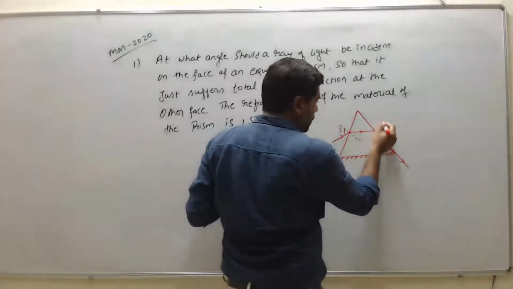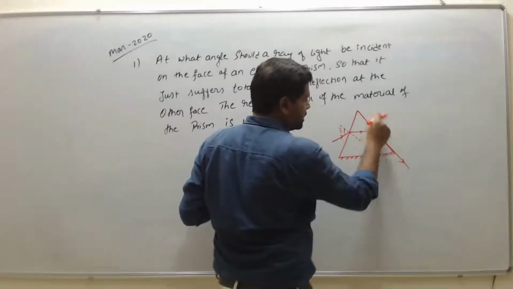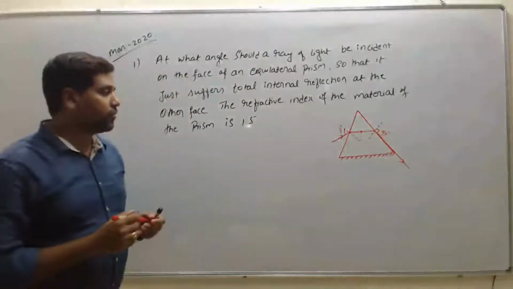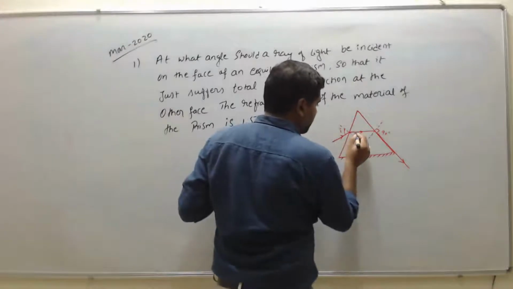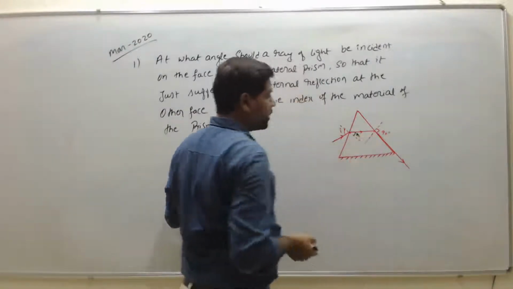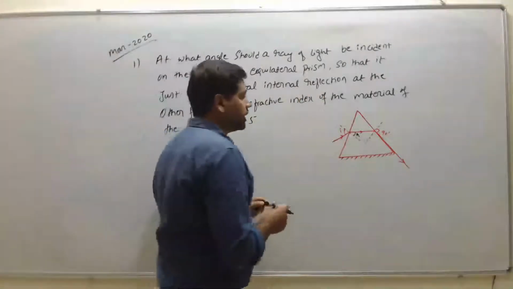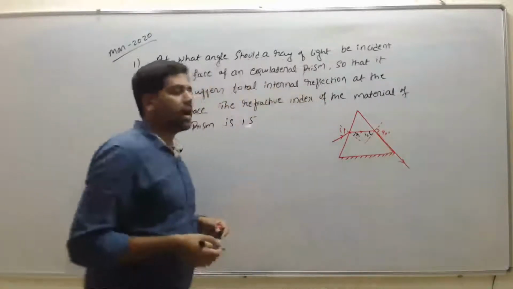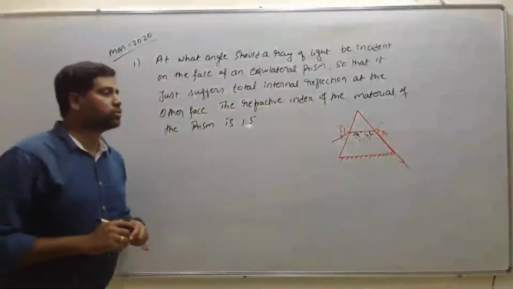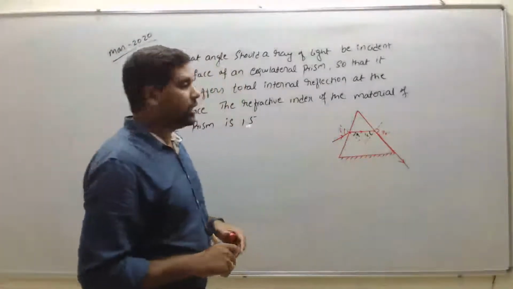If we draw the normal here, the angle of emergence is 90 degrees because it just grazes the second surface. So this is i1, this is the angle of refraction r1, and for total internal reflection this angle is the critical angle iC, so r2 is equal to iC, and the angle of emergence is equal to 90 degrees.